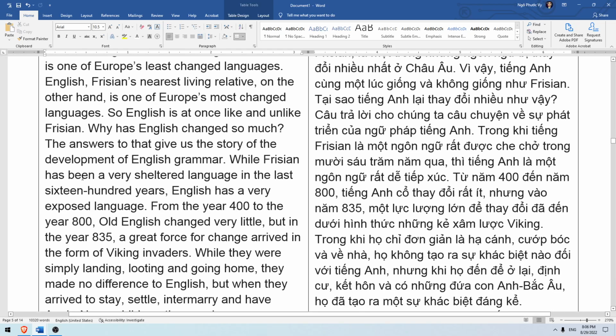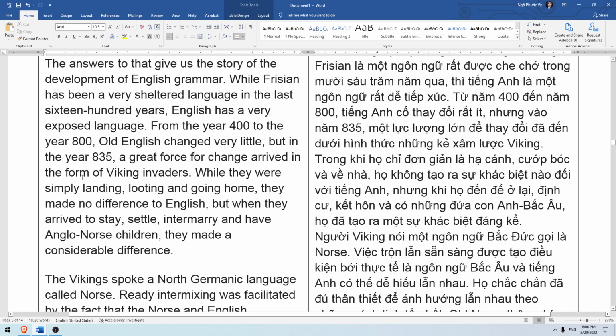English, on the other hand, is one of Europe's most changed languages. So, English is at once like and unlike Frisian. Why has English changed so much? The answer to that gives us the story of the development of English grammar.